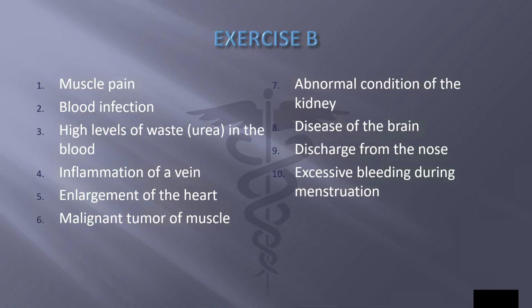Number 8, encephalopathy, disease of the brain. Number 9, rhinorrhea, discharge from the nose. And 10, menorrhagia, excessive bleeding during menstruation.